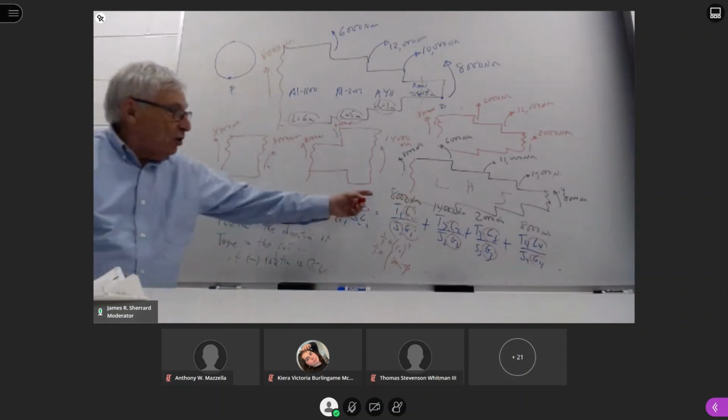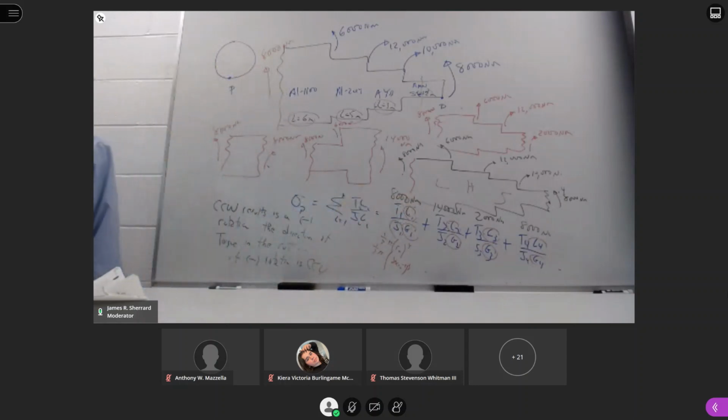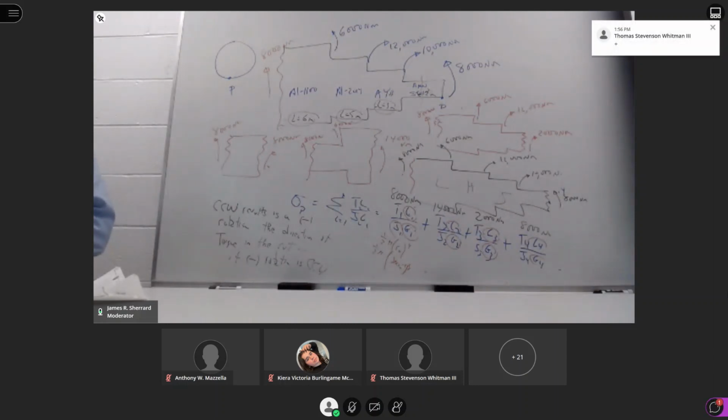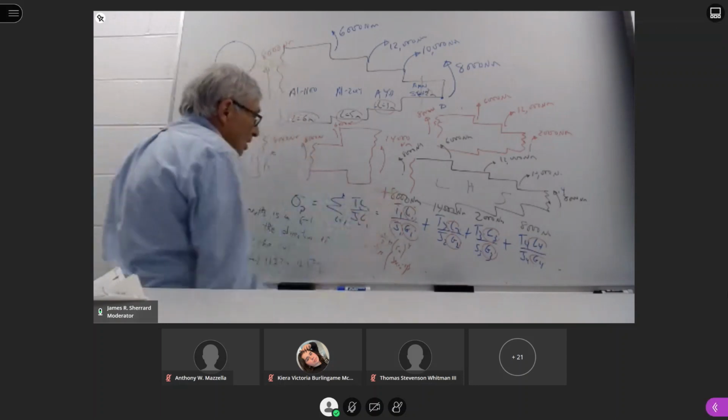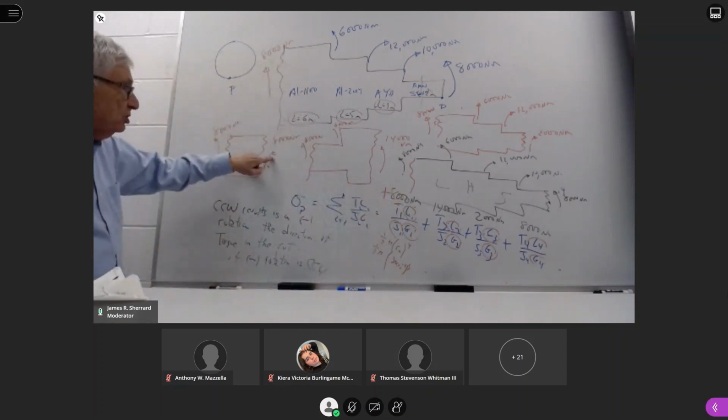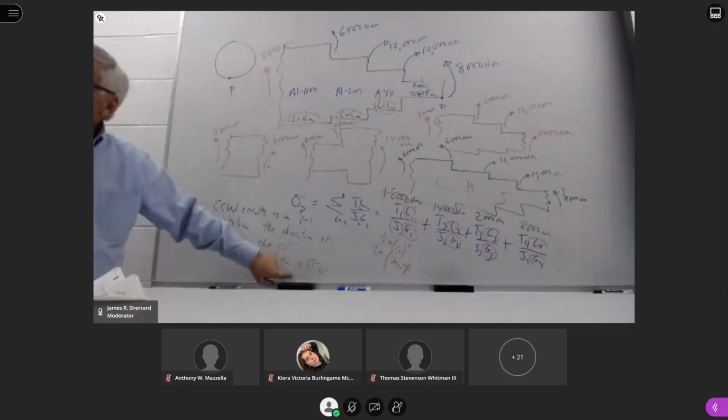What is the sign going to be here, plus or minus? Plus is correct. Why? Because this rotation is clockwise, and we said counterclockwise means negative.